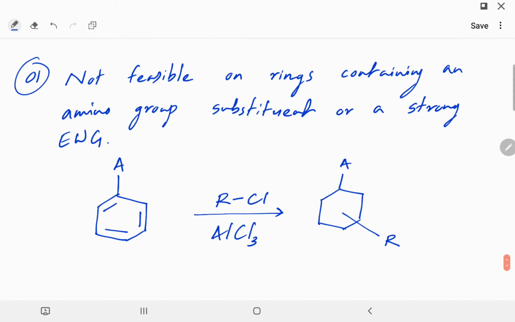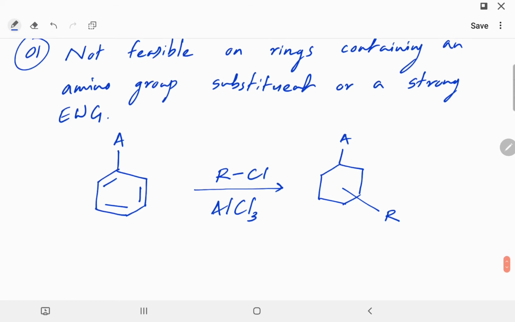The first limitation that we are going to talk about for Friedel-Crafts alkylation is that whenever you have a monosubstituted benzene, so if your benzene has a substituent already attached to it, that substituent could have a negative impact on the Friedel-Crafts alkylation.